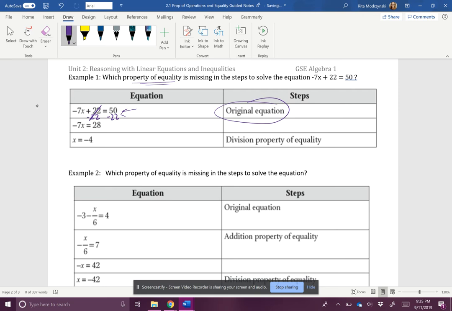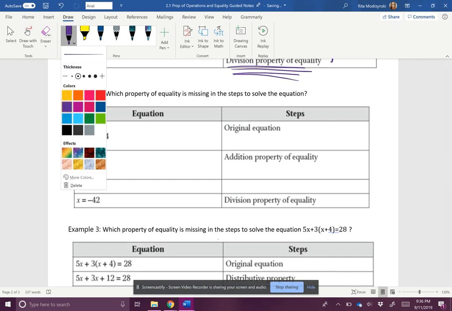Knowing this, the operation that I did was subtraction, and I was allowed to do the subtraction because of the subtraction property of equality. If we were to follow through, when I divide both sides by -7, I'm allowed to do division because of the division property of equality.